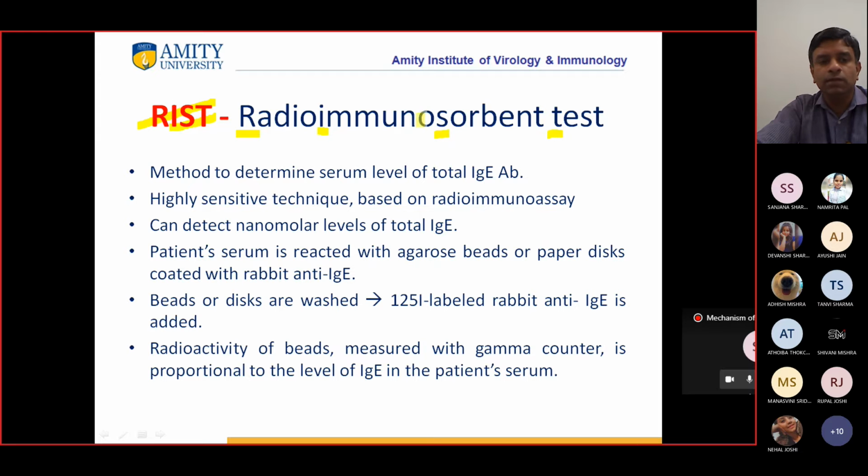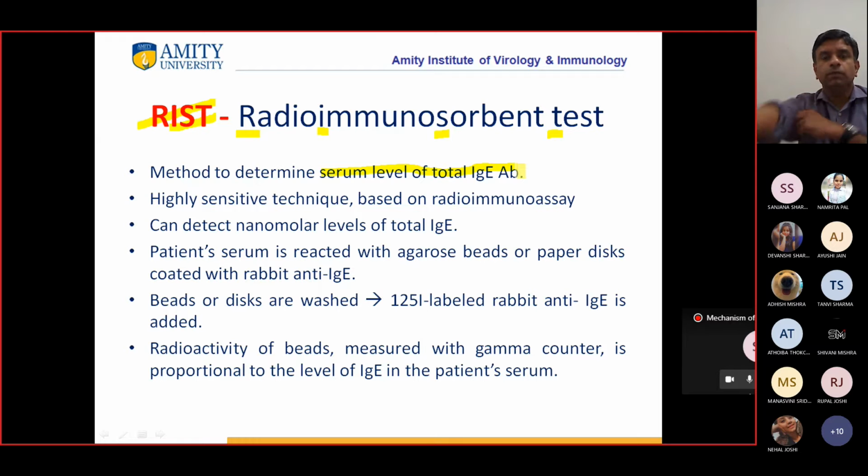Now what we do in this, it's a method to determine serum levels of total IgE, right? हमने पहले भी बात की थी कि अगर एलर्जी होगी तो आपकी बॉडी में IgE लेवल्स बढ़ जाएंगे, right? So RIST helps in determining the serum level of IgE in your body. Okay, serum में IgE का level कितना है? Okay, it's a highly sensitive technique based on radioimmunoassay.